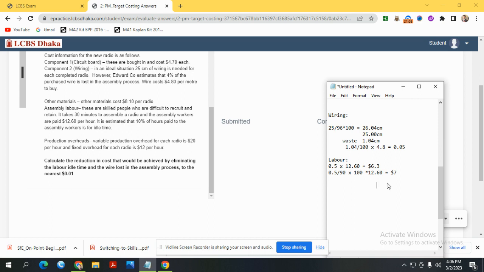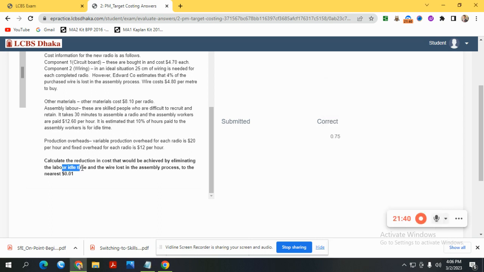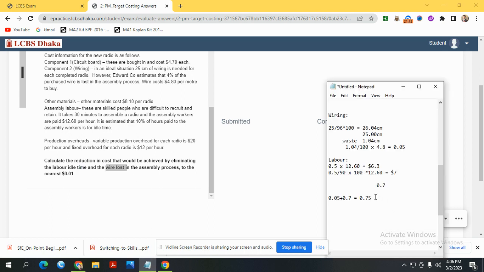I am basically saving $0.7. $7 minus $6.3. ঠিক আছে? সো 0.05 প্লাস 0.7 এটা করলে কত আসে? 0.05 plus 0.7 is equal to $0.75. So the right answer here is যদি আমি কত কস্ট কমাতে পারবো, if I can eliminate idle time and if I can eliminate wire loss, I can save up to $0.75.